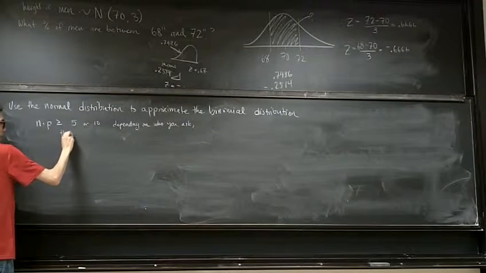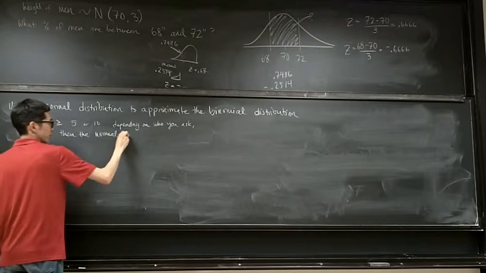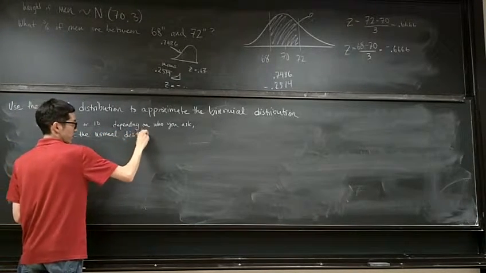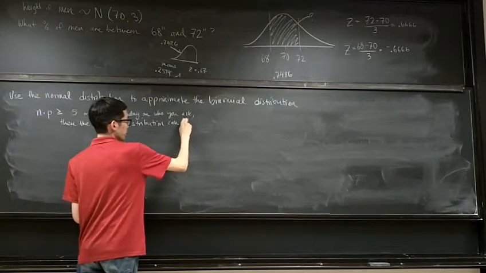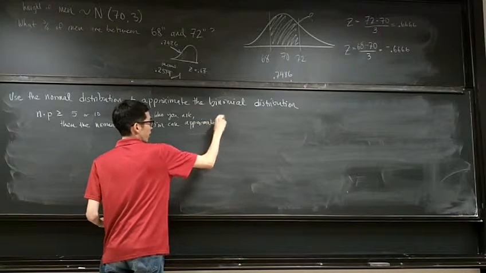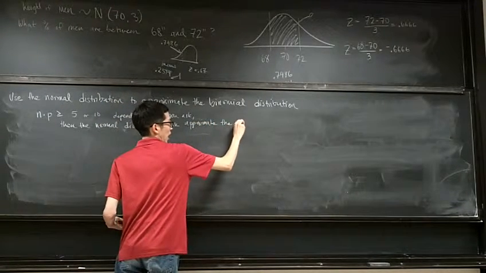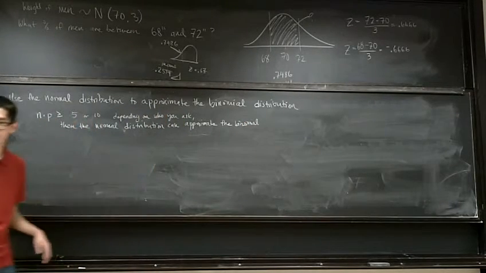Then the normal distribution can approximate the binomial.